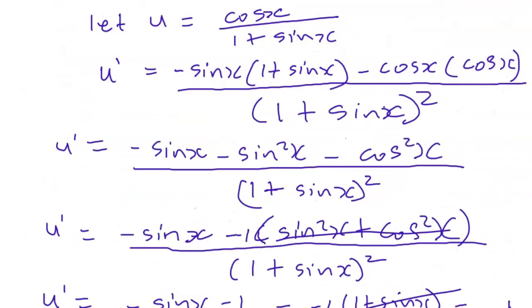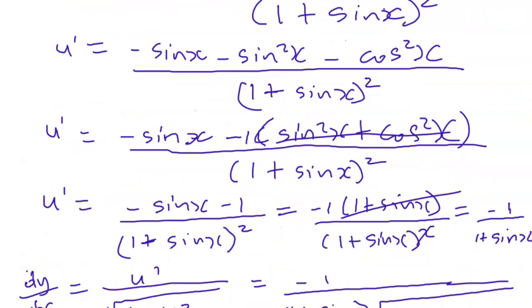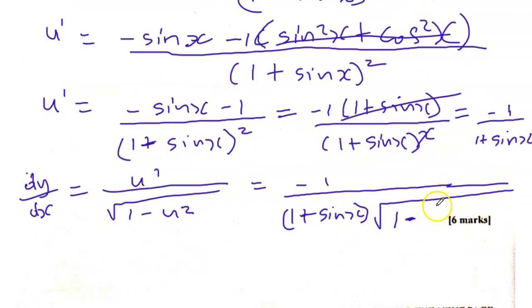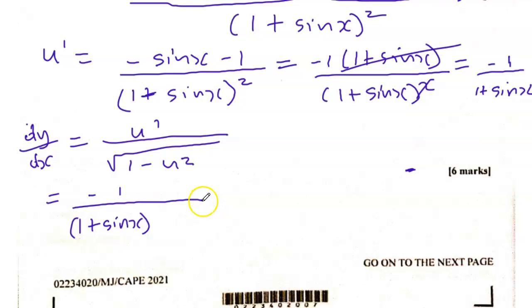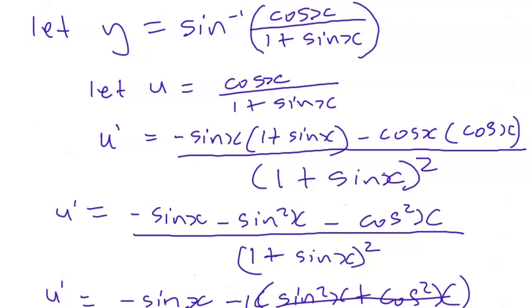And remind us, what was u? So u was cos x over 1 plus sine x. So that's (cos x over 1 plus sine x) all squared. Let me just put it down below here. So what we have here is u prime, negative 1 over 1 plus sine x, times root 1 minus u squared. And again, what was u? u was cos x over 1 plus sine x.